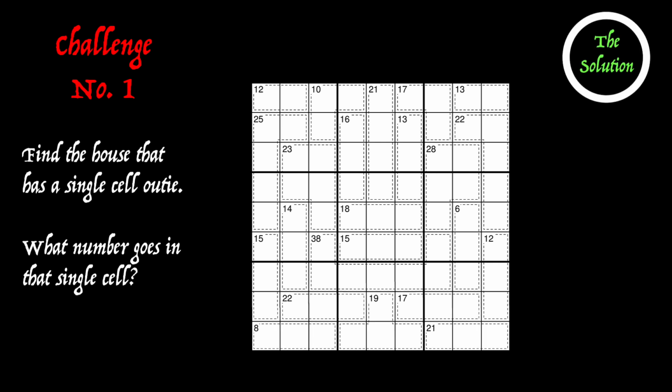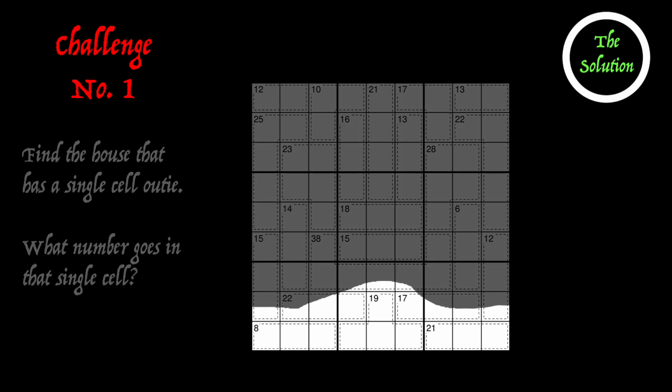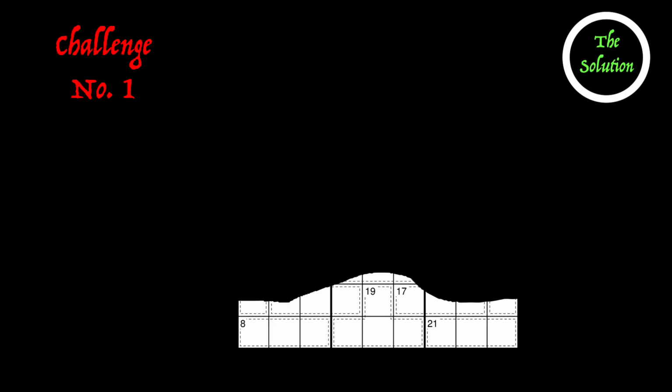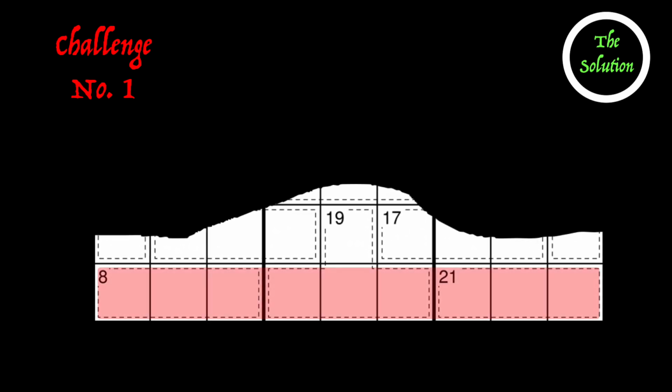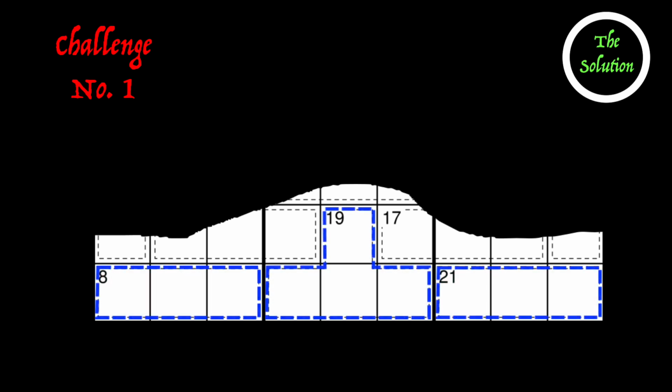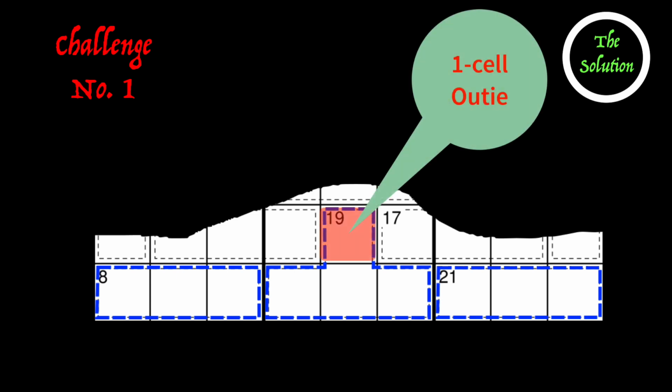So let's focus in on the house that's the bottom row in this puzzle. So there's the bottom row. And let's look at the cages that cover that row. Here they are highlighted in blue, and immediately you can see this one cell outie.